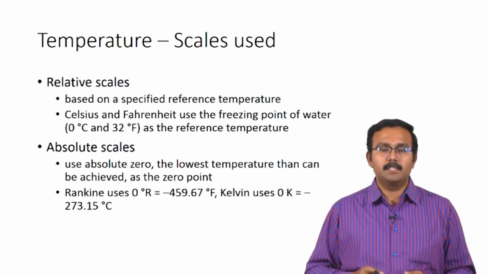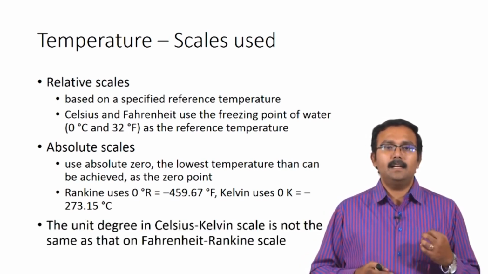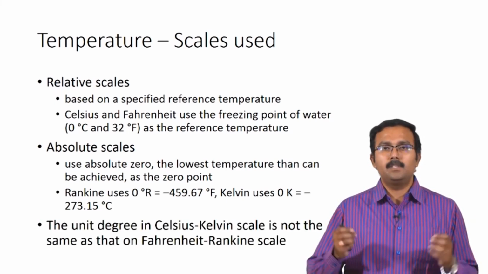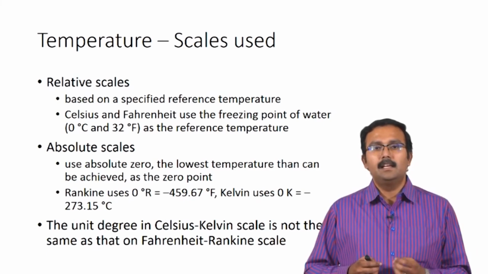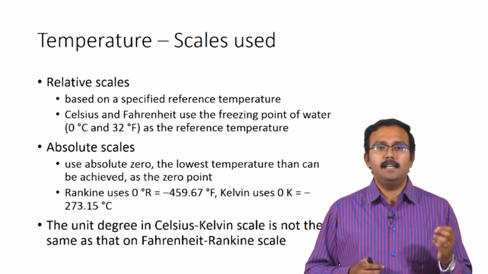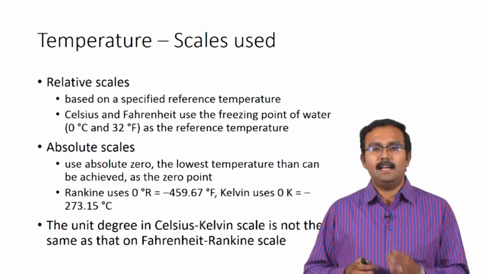We need to also understand that the term degree, which is 1 unit degree in a Celsius and Kelvin scale, is not the same as the degree which is referred to in Fahrenheit and Rankine scale.